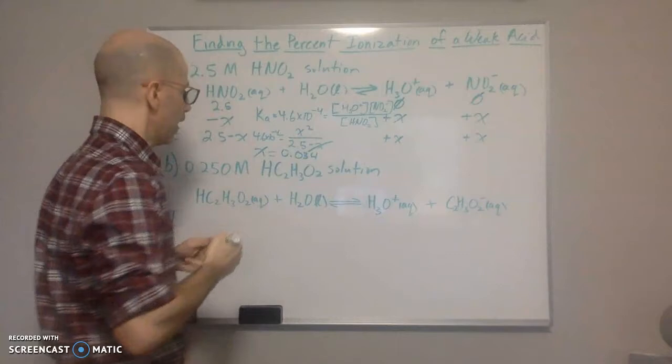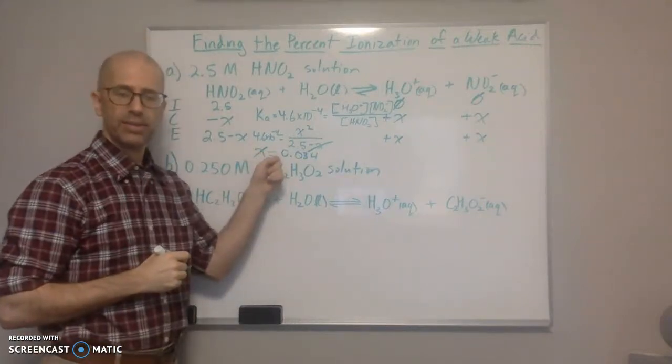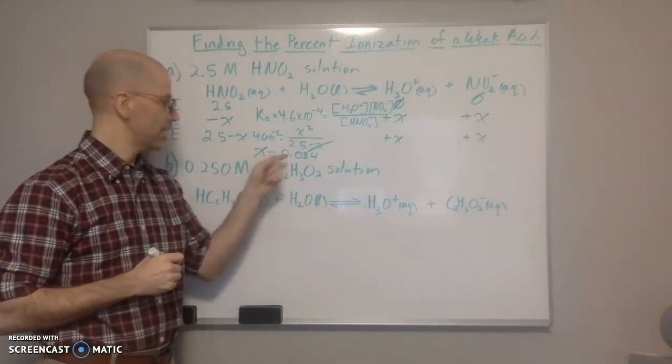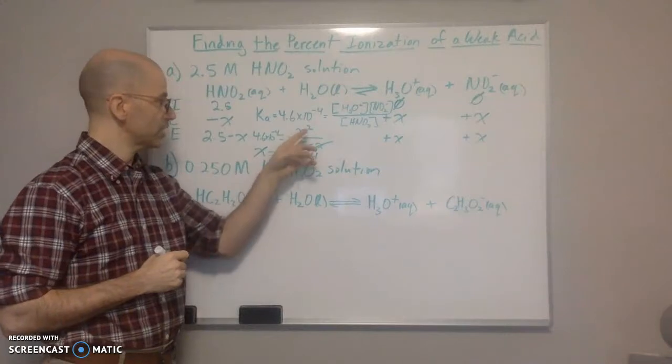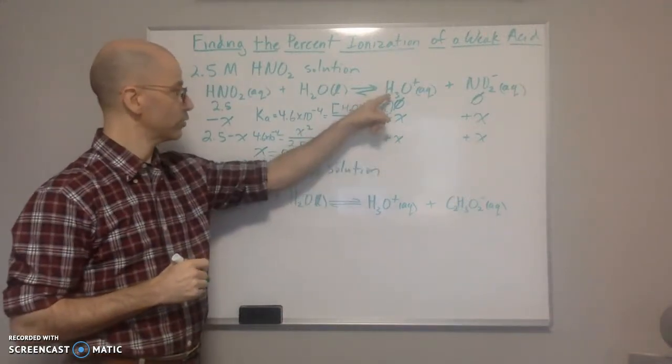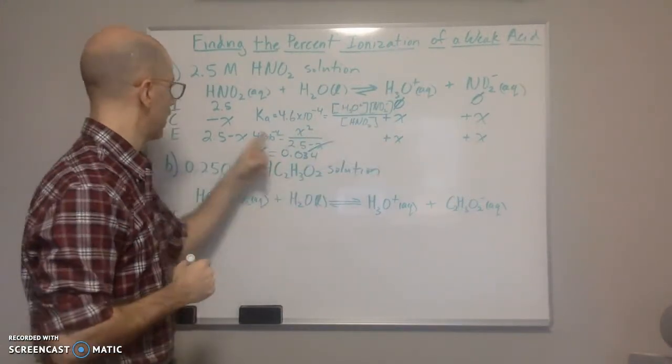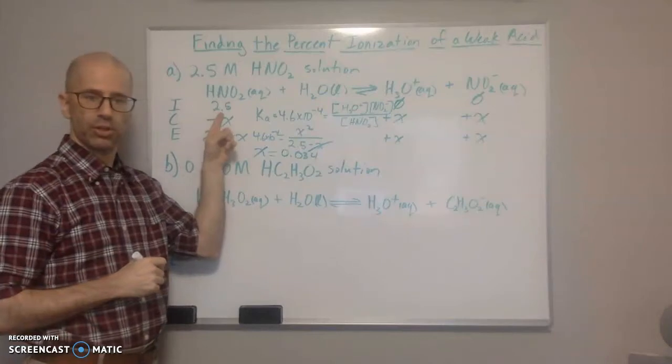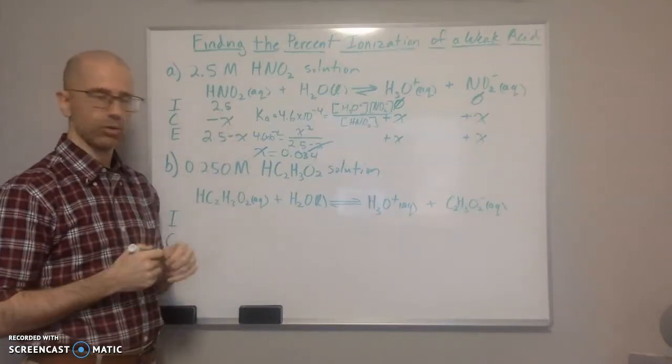So X is 0.034. And then to find the percent ionization, all I need to do is take X, which is the amount of H3O plus formed, divided by 2.5, the original amount of the acid, and multiply by 100.